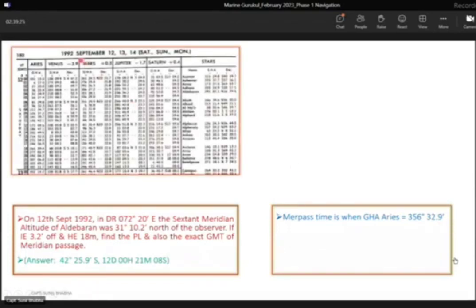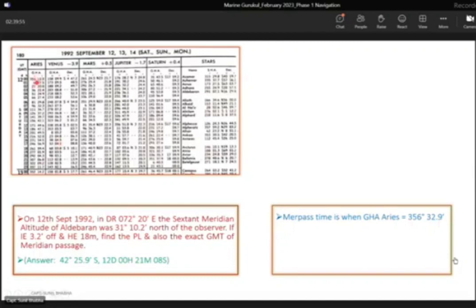You can see the 12th September 1992 page of the almanac, and if you have a look at the Aries column, the first column, it lists the GHA of Aries. Let's try to find out within which hours we have this value of 356 degrees 32.9.